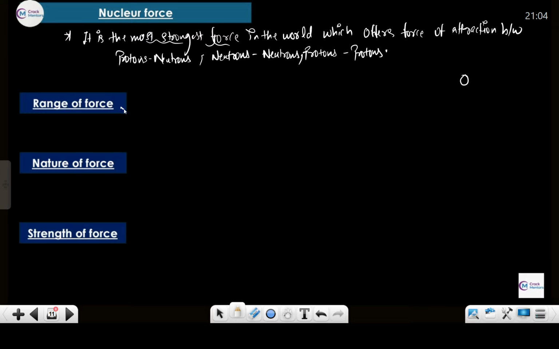Okay, what is the range of the force that it offers? The order of Fermi. Basically, what I'm trying to convey is that the force is applicable in a few Fermis.